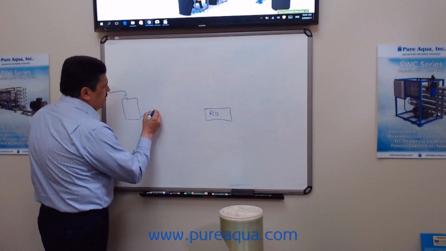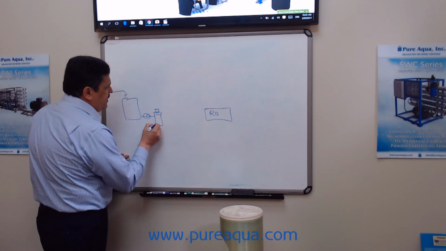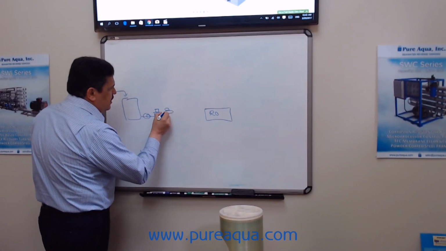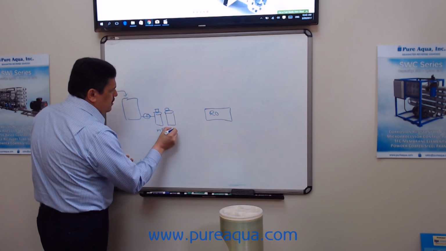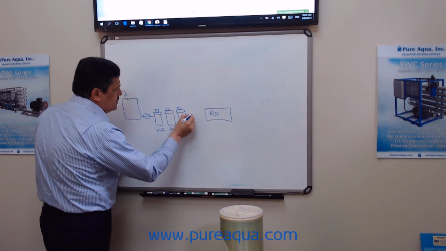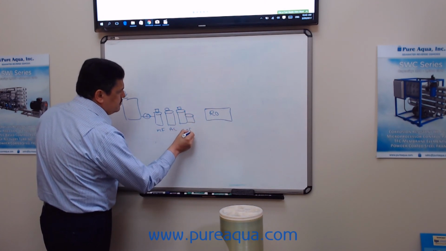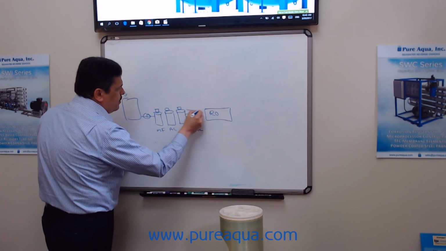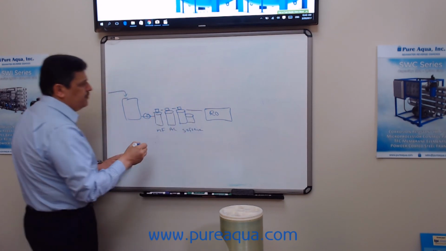So we're going to start with whatever we call a media filter. Then we're going to go to, let's say, a carbon filter. And then let's say a softener. Usually there is a brine tank for the softener. And then we're going to go for the RO. Okay?